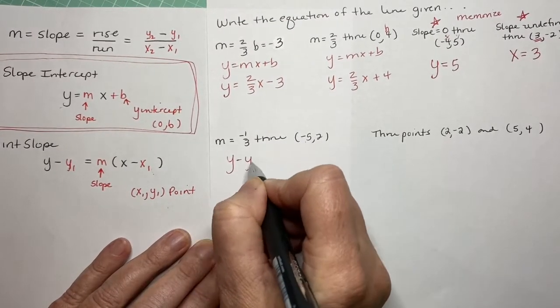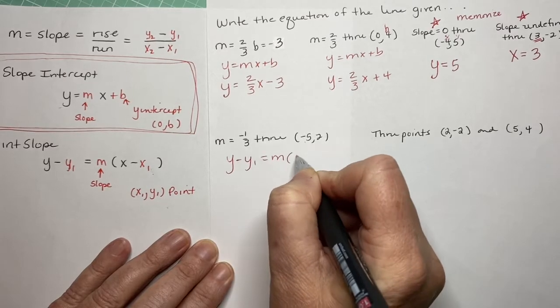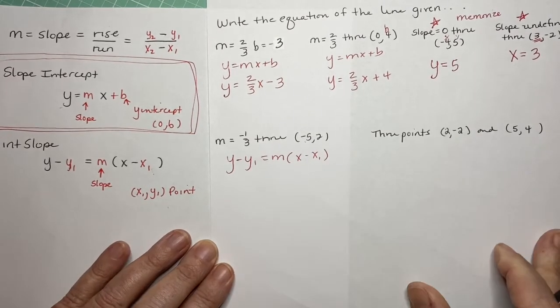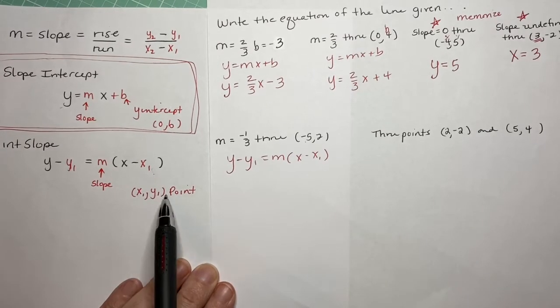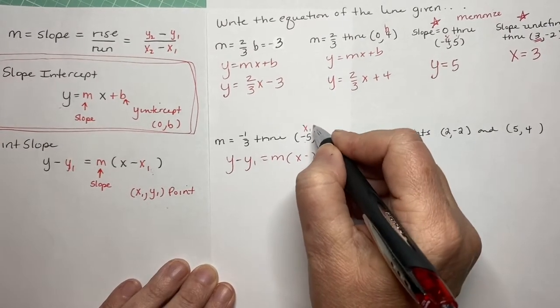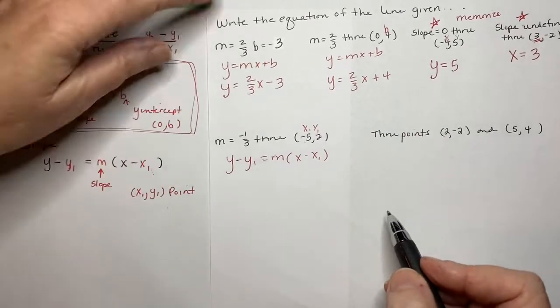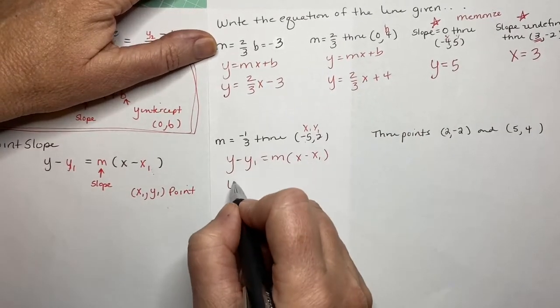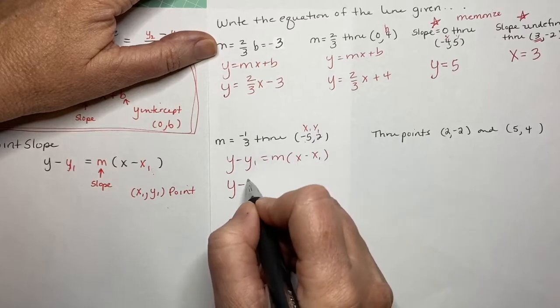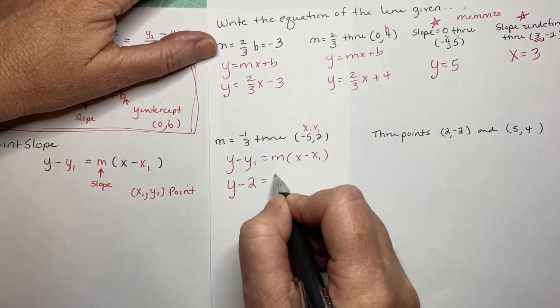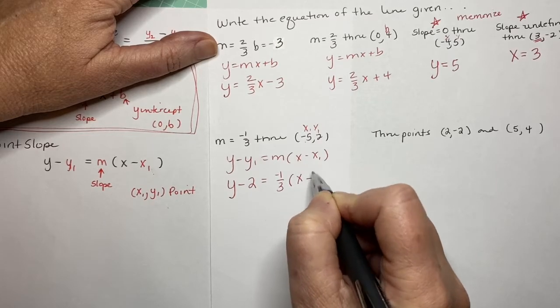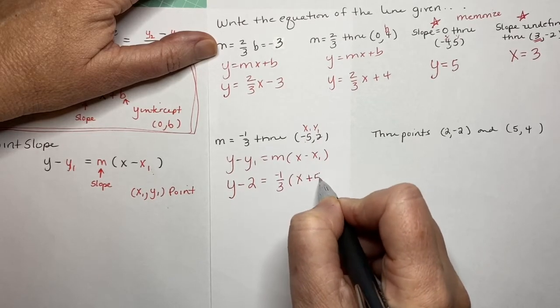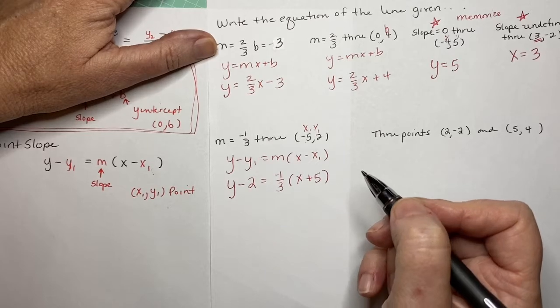So for these, you have to use y minus y sub 1 equals m times x minus x sub 1. And it even says here on your formula that your point is (x1, y1) and your slope is m. So we're just going to plug that in. So y minus y sub 1 is 2, equals m, which is -1/3, parentheses x minus a -5, which is a plus 5.